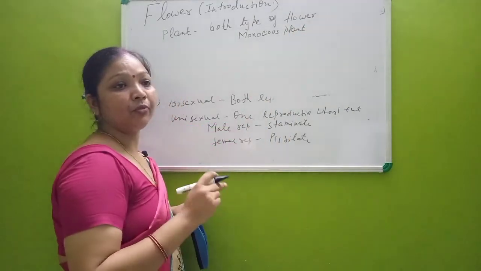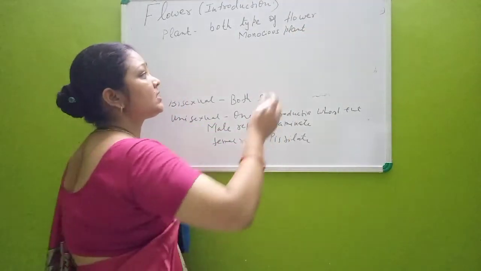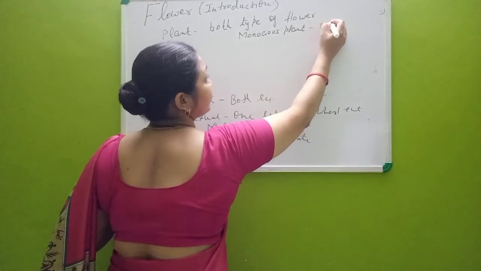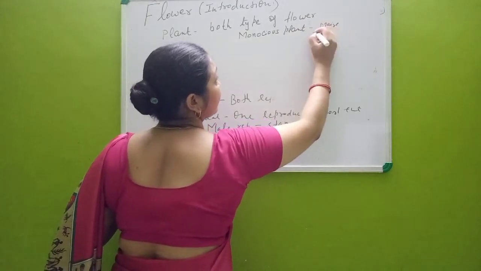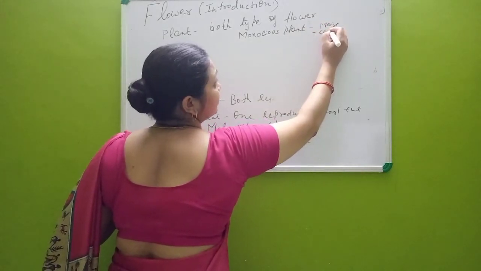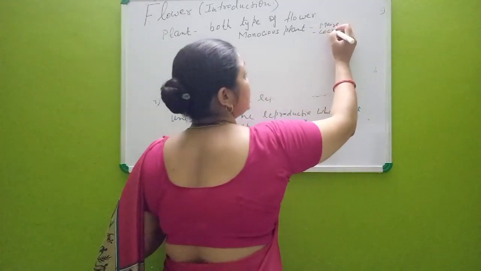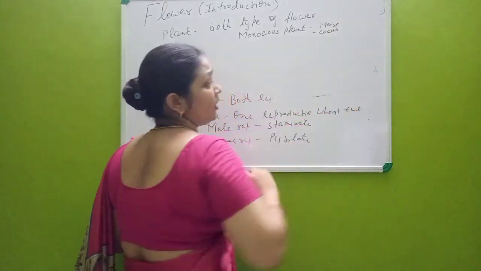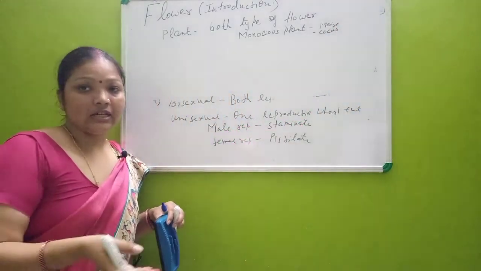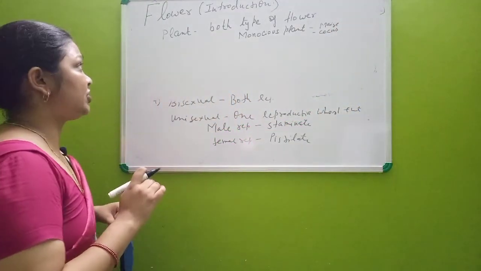An example of a monoecious plant is maize, coconut, that is also known as cocos, castor. These are examples of monoecious plants.